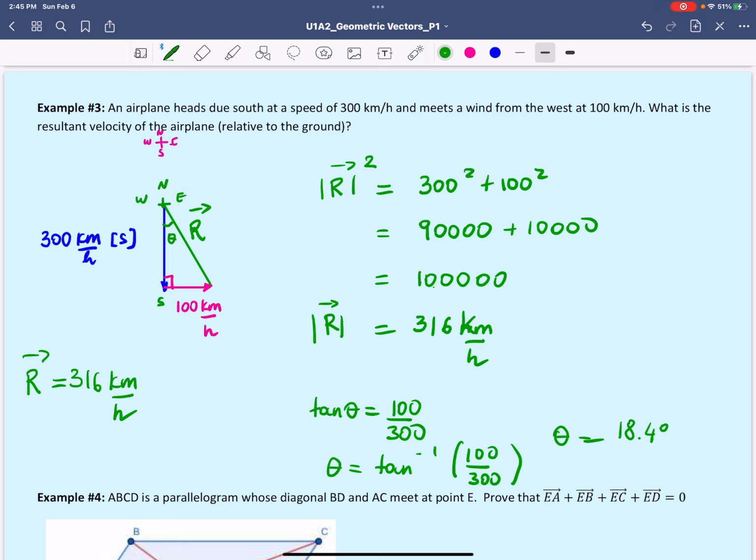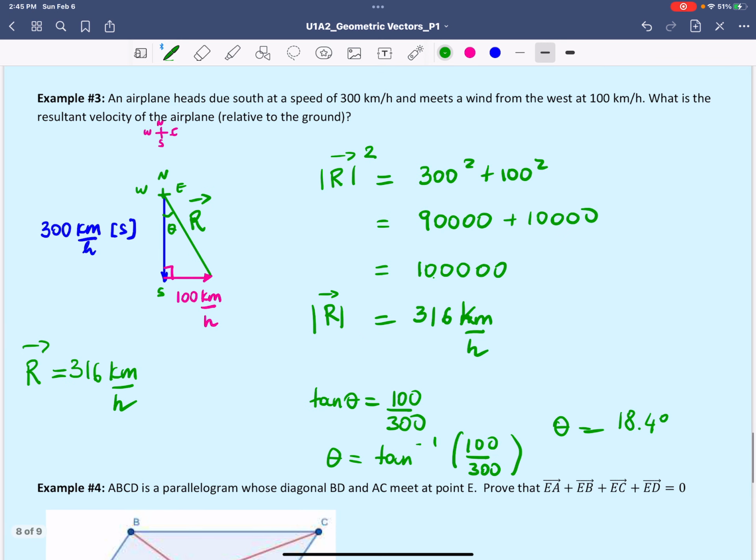So it seems that it is heading from south towards east at an angle of 18.4 degrees. And we'll put this inside square brackets, and voila, this is the answer.